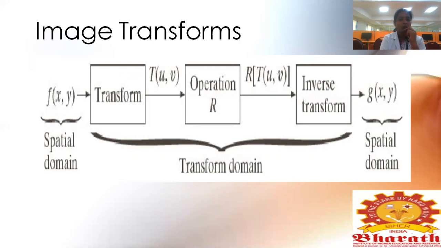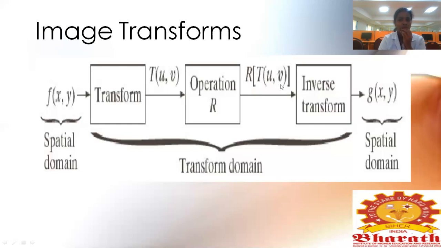Once your image has been converted into a form suitable for some operation, you perform that operation on T of u comma v, right? So this is the transformation function on which the operation R has been performed.